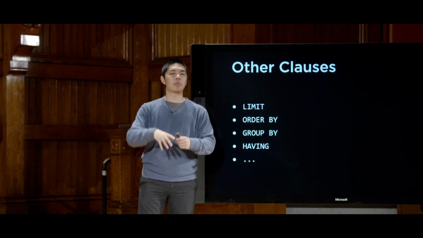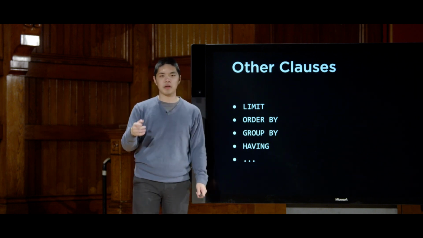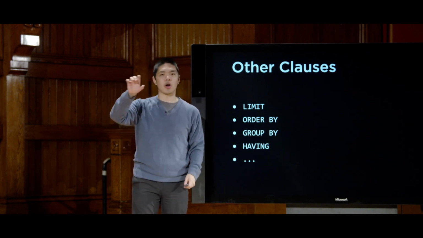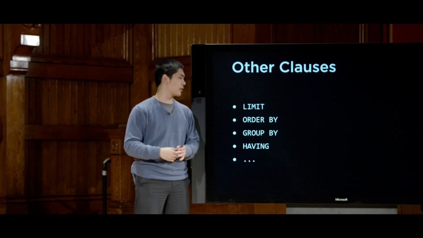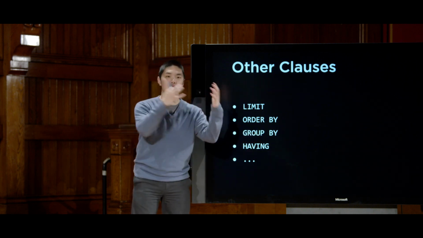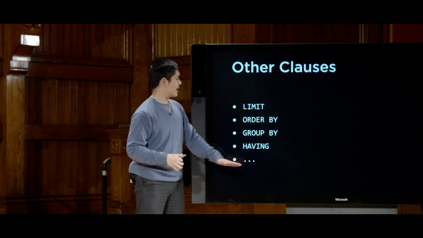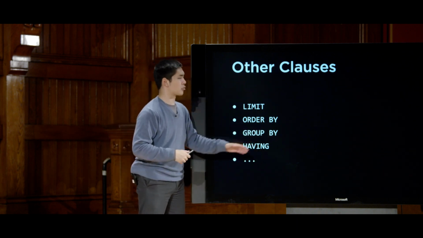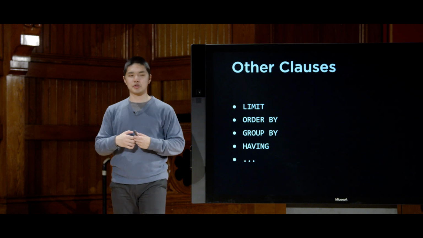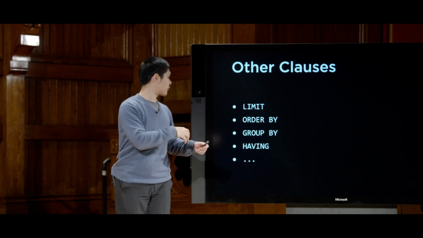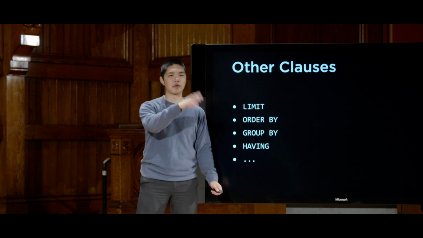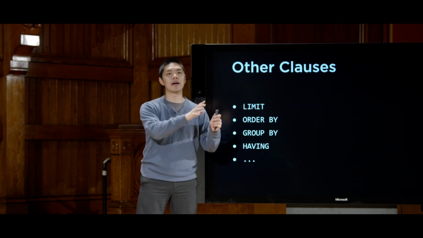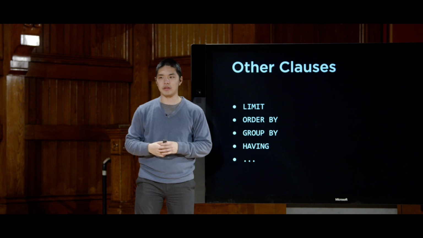So if I wanted to group all of the flights by their origin, so that I can get all of the flights leaving New York and all the flights leaving London and so forth, I could do something like select star from flights group by origin, to group flights by their origin as well. And having as a constraint I can place on group by to say that I would like to select all of the flights from the grouping them by their origin, but they need to have a count of at least 3, meaning there need to be at least 3 flights that are leaving from that particular city.